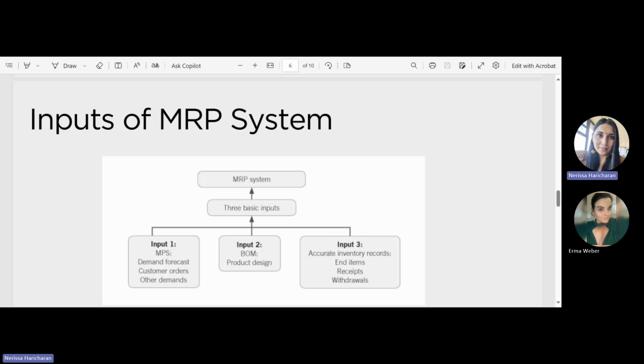Okay. So when you look at your MPS, it's the primary input of an effective MRP system. The MPS is one of the most important tools when it comes to planning and control from a manufacturing perspective. So you need to be able to manage the MPS with an operations manager, for instance, so that you have good customer satisfaction at the end of the day.